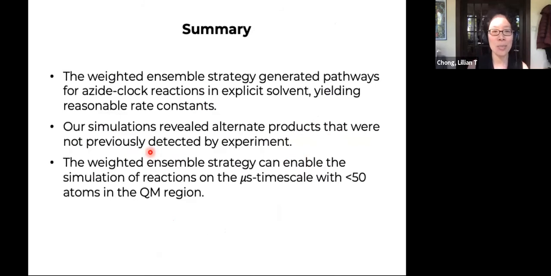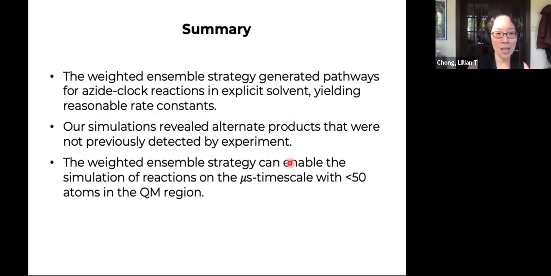To summarize this part of the talk, the weighted ensemble strategy generated complete pathways for these azide clock reactions. And this was done in explicit solvent. And we got some reasonable rate constants as validation of these simulations. Our simulations revealed some insights about mechanism that weren't apparent from the experiments, such as certain alternate products, and we're still in the process of determining some important dynamical features for the mechanism.